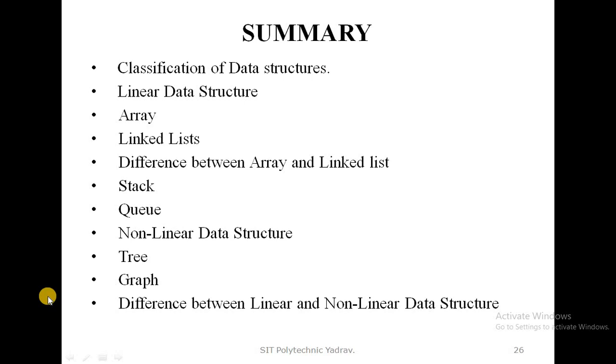The summary of today's third lecture is: we know the points: classification of data structure, linear data structure, array, linked list, difference between array and linked list, stack, queue, non-linear data structure, tree, graph, difference between linear and non-linear data structure.